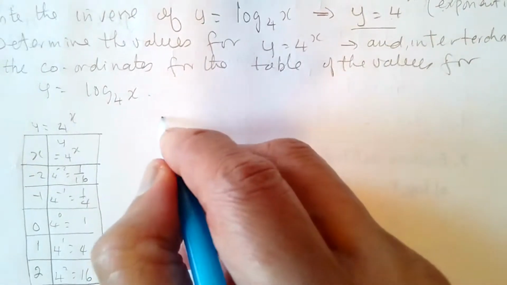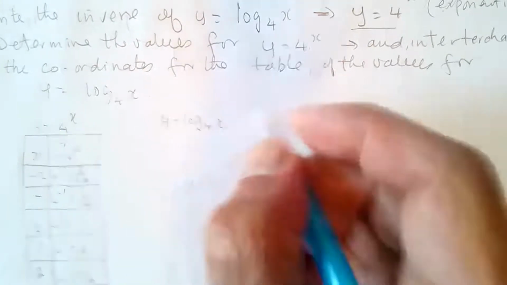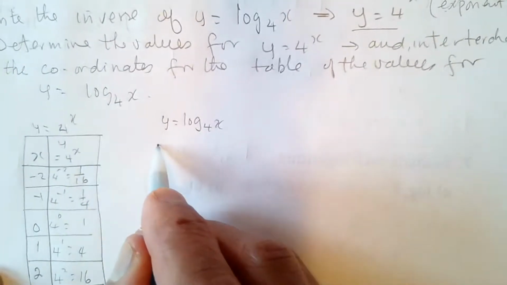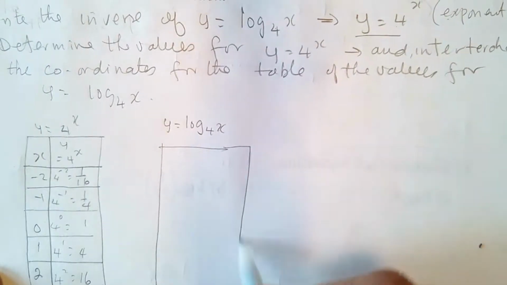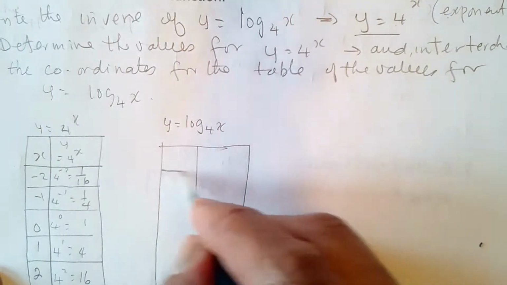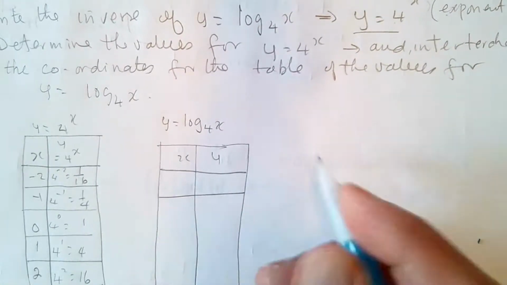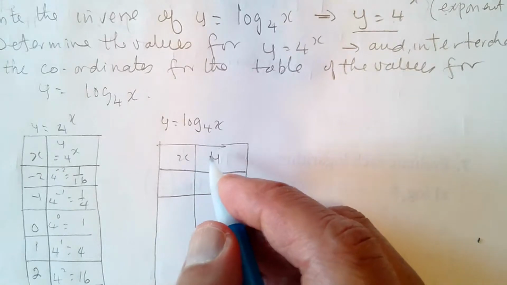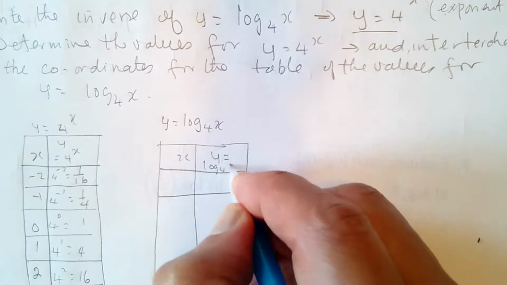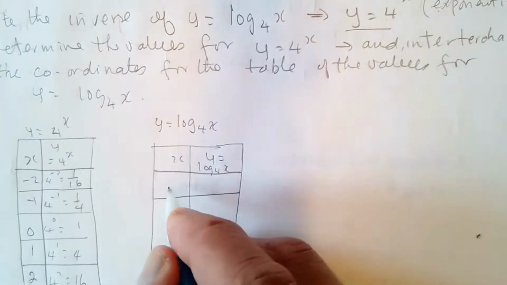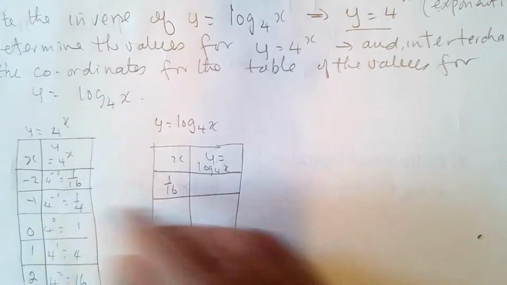Now for y is equal to log base 4 of x, we just switch the x and y. Now 1/16, we interchange them, gives -2.